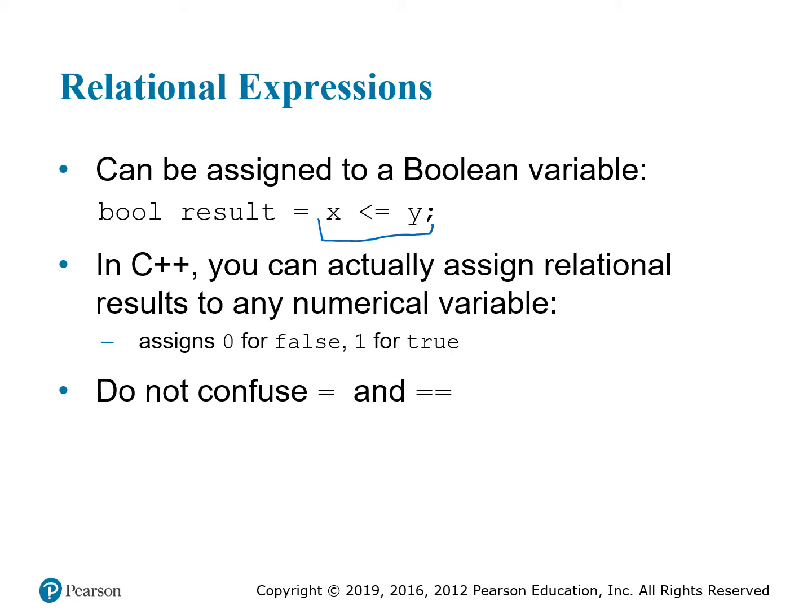In C and C++, you can actually assign relational results to any numerical variable, and it will assign 0 for false and 1 for true. So if I had made that int result equals x less than or equal to y, I'd either get a 0 or a 1 as my result.